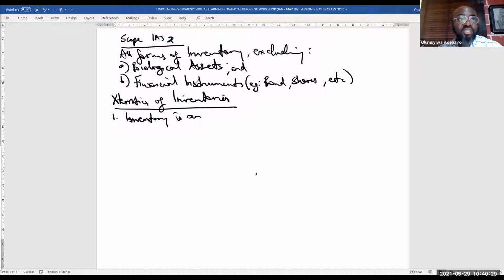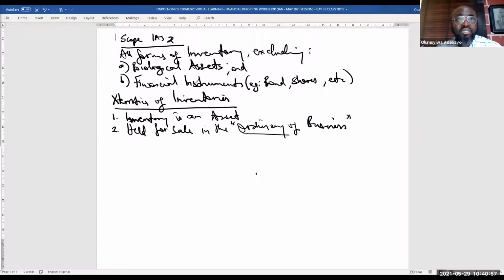Inventory is an asset. Two, inventory is a form of asset that is held for sale in the ordinary course of business. Now, we'll define what ordinary course of business is.